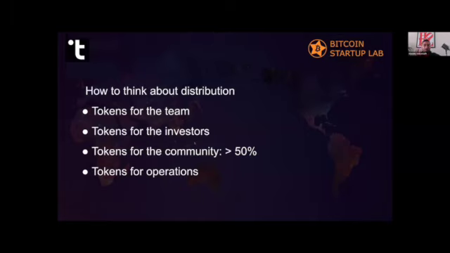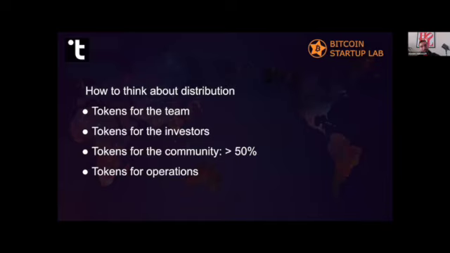And then tokens for operation, tokens for the team, tokens for investors. And I'll give some heuristics. Actually, I can talk about it now if you guys want to take notes. Tokens for team, 10% is low, 30% is on the high end, 20% is generally in the middle. Tokens for investors, 10% each round is very standard.